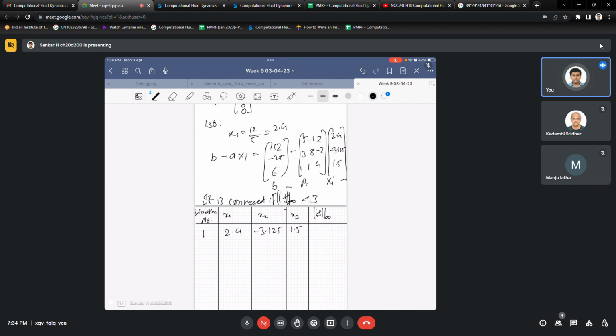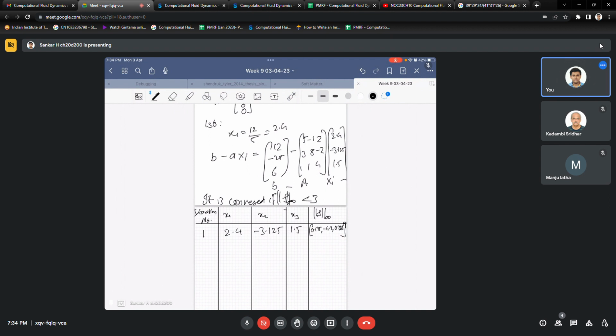So in this case, if we are solving for the residual norm, we'll get the residual as a vector 0.125, minus 4.2, 0.725 transpose.